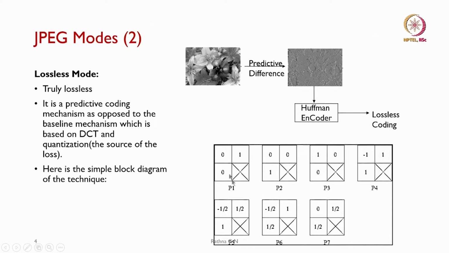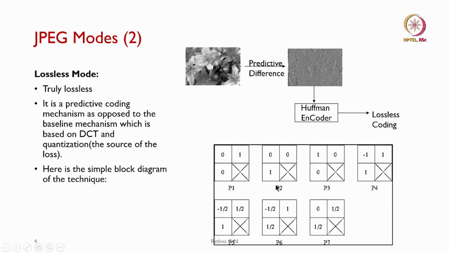As you can see in this figure, there are 7 predictive coding techniques that can be used. Here, for P1, the parameters of the surrounding image pixels are 0, 0 and 1.